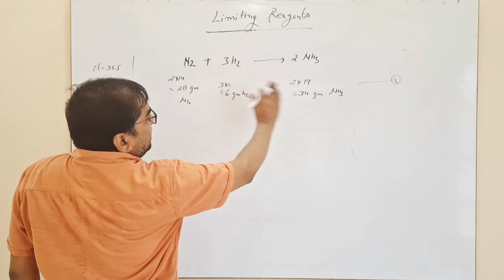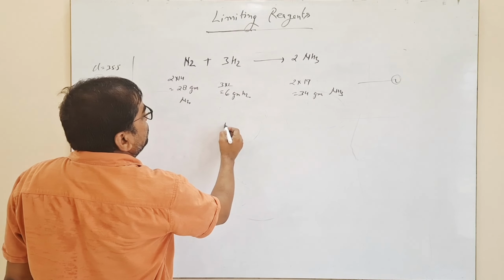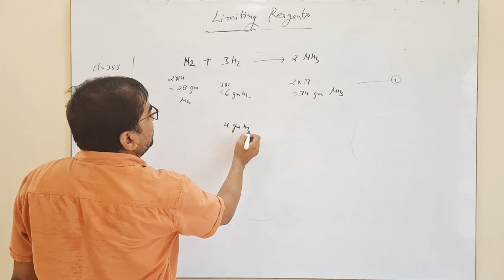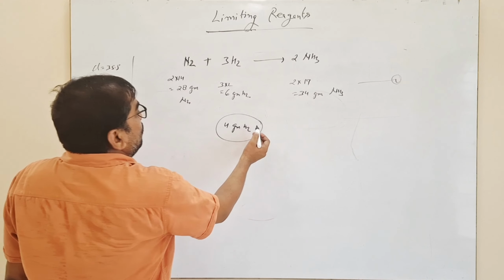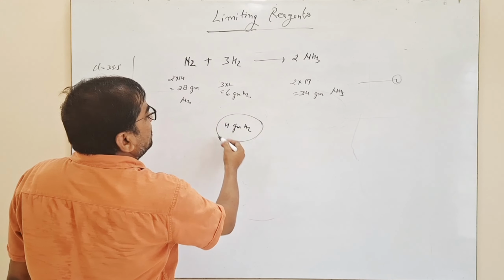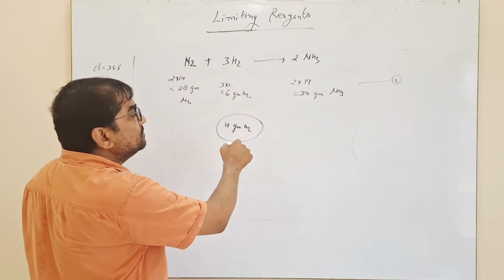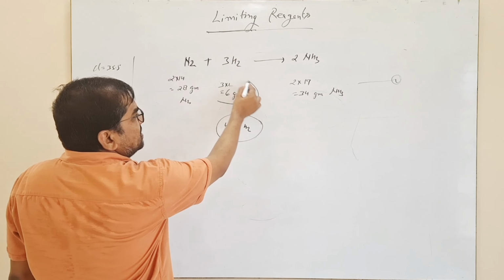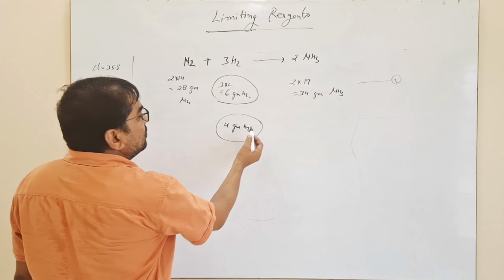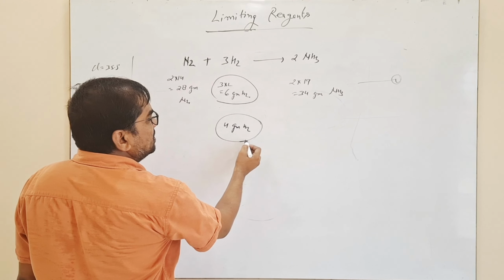If in this balanced equation we use 4 gram of hydrogen in place of 6, overall hydrogen will be consumed here. The required amount of hydrogen is 6 gram, but here only 4 gram of hydrogen is present.